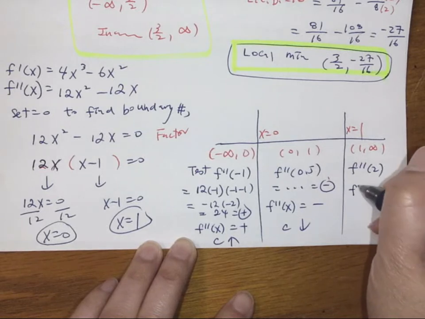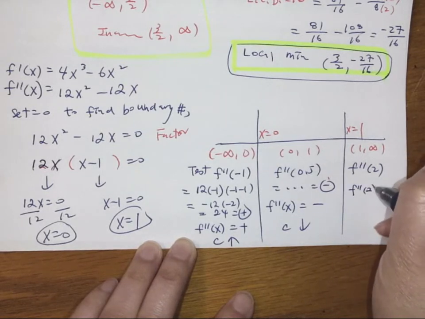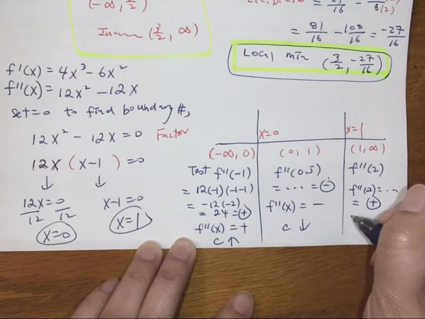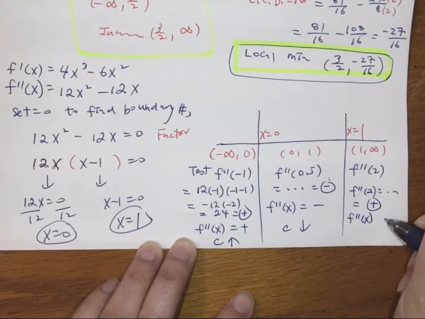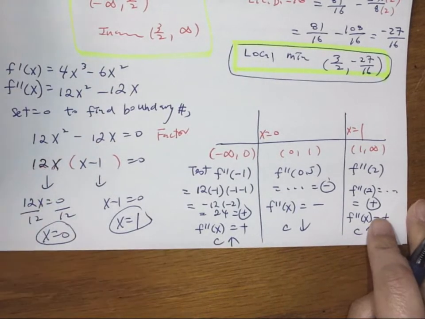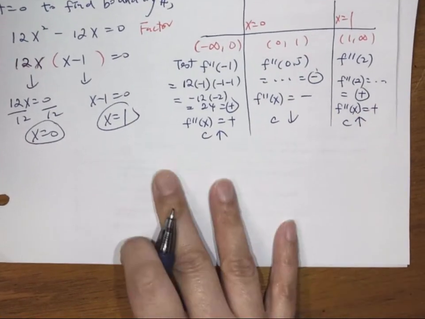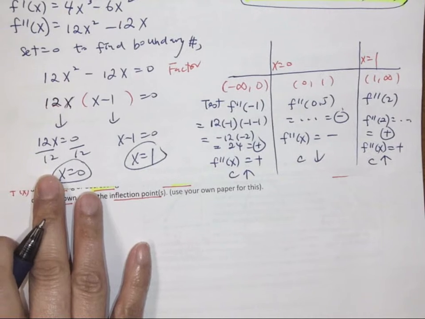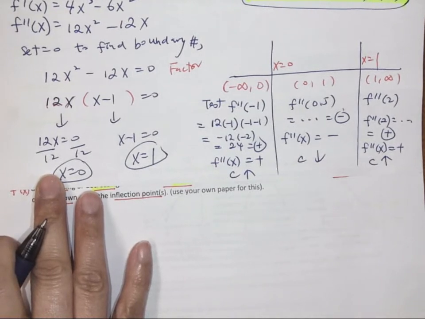And then we plug in the very last one, and we will have a positive number. If the second derivative comes up with a positive number, it means concave up again. So it changed concavity twice, right? What does that mean? It means when x equal to 0 and x equal to 1, both of them are inflection points.